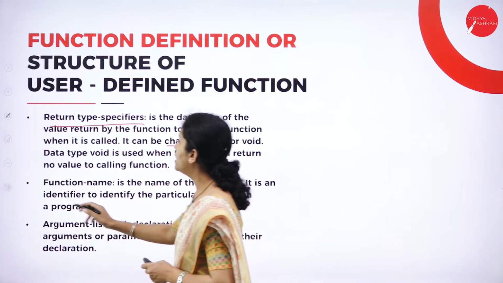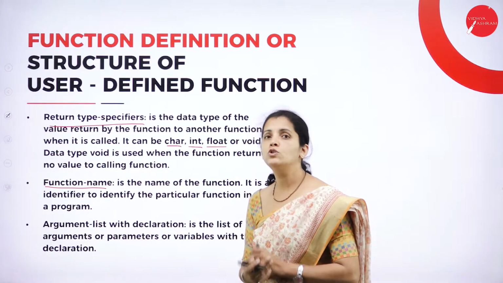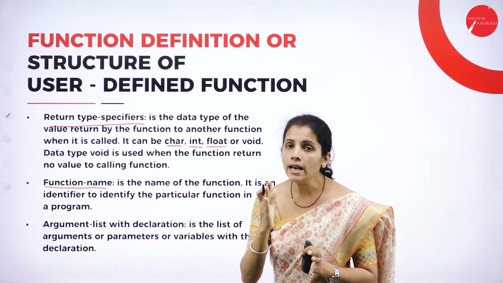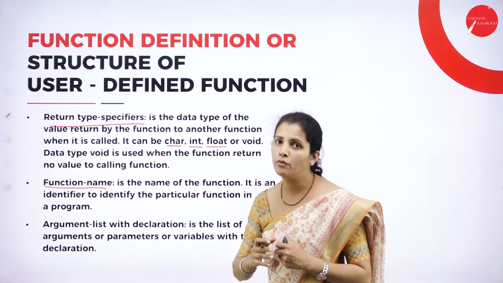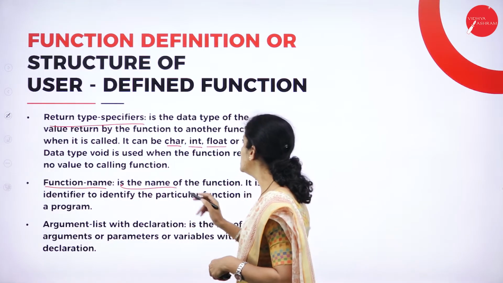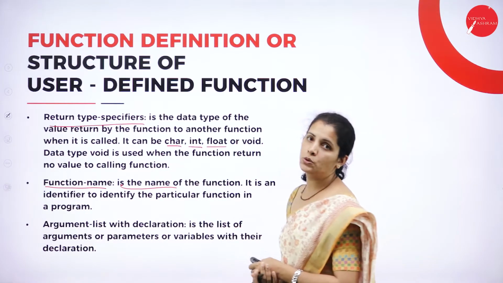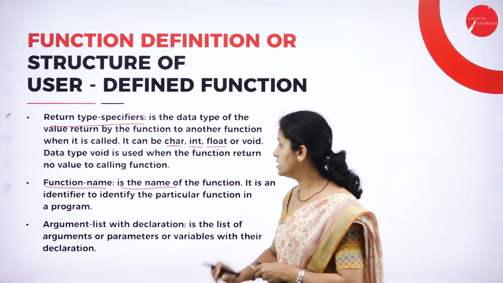Now I'm going to have the function name. The user can specify their own function name, and while writing the function name, the user must follow the rules. So here it is the name of the function, and it's mainly used to identify the particular function.